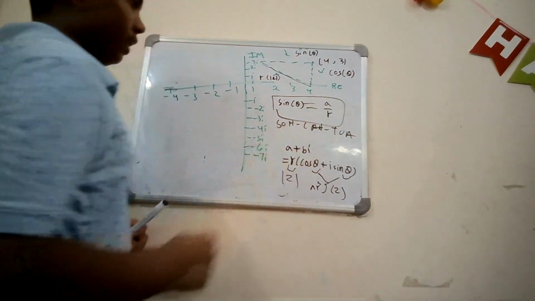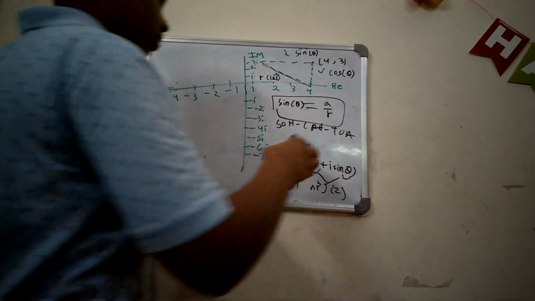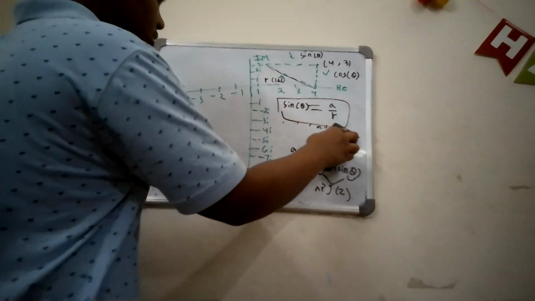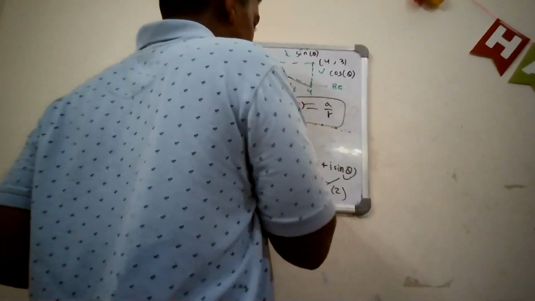Now for the cosine, it will be CAH. So cosine is equal to the adjacent over hypotenuse.